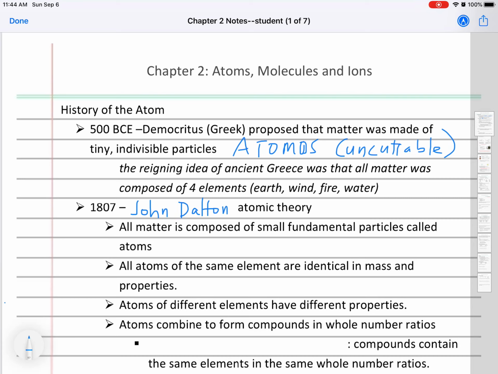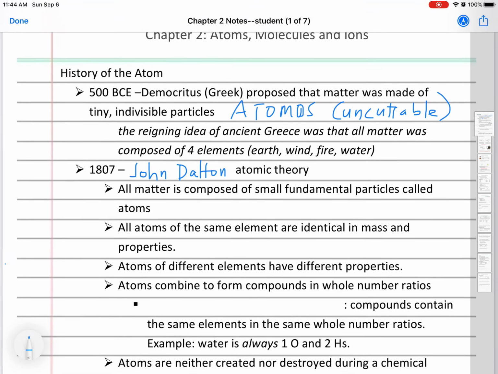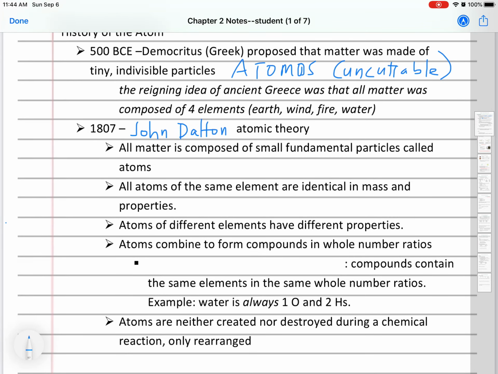John Dalton was a scientist, and so this was no longer just philosophical thinking. This was testable and based on evidence. He proposed his atomic theory that all matter is composed of small fundamental particles called atoms. He kept the Greek name.